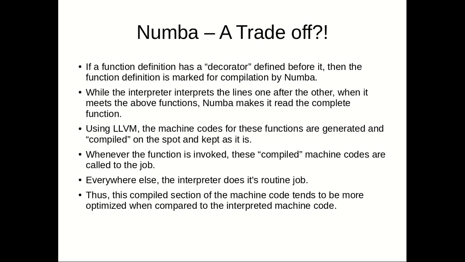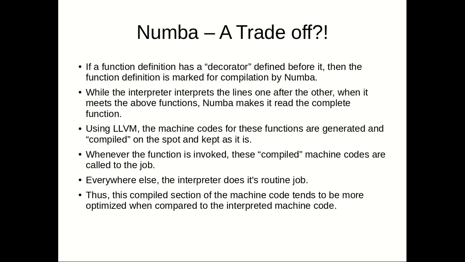And then Numba, with the help of the LLVM infrastructure, generates machine code for these functions, and these machine codes are compiled. As a consequence, you get a compiled machine code for the function instead of an interpreted machine code.